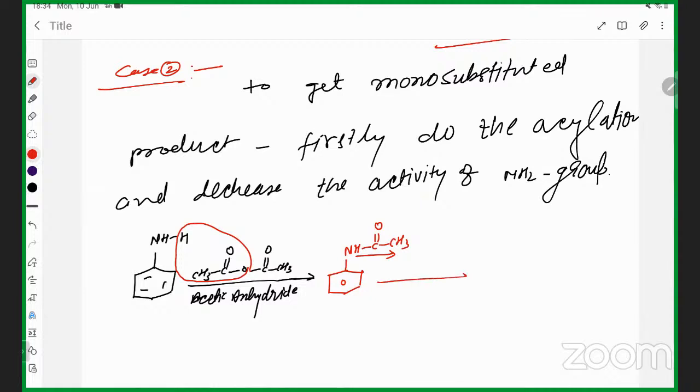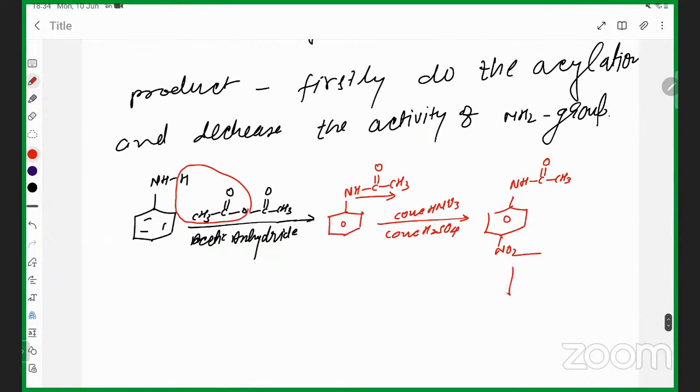Now if you use concentrated HNO3 and concentrated H2SO4, it will give the mono substituted product. What product can you get here? This will remain as NHCOCH3, but at the bottom it is the nitro group. Now you hydrolyze it, you do HOH.